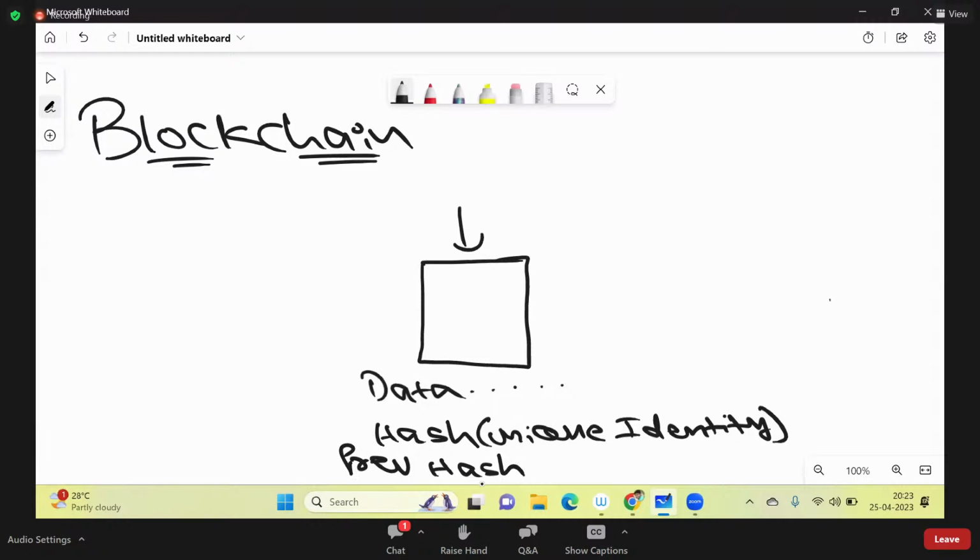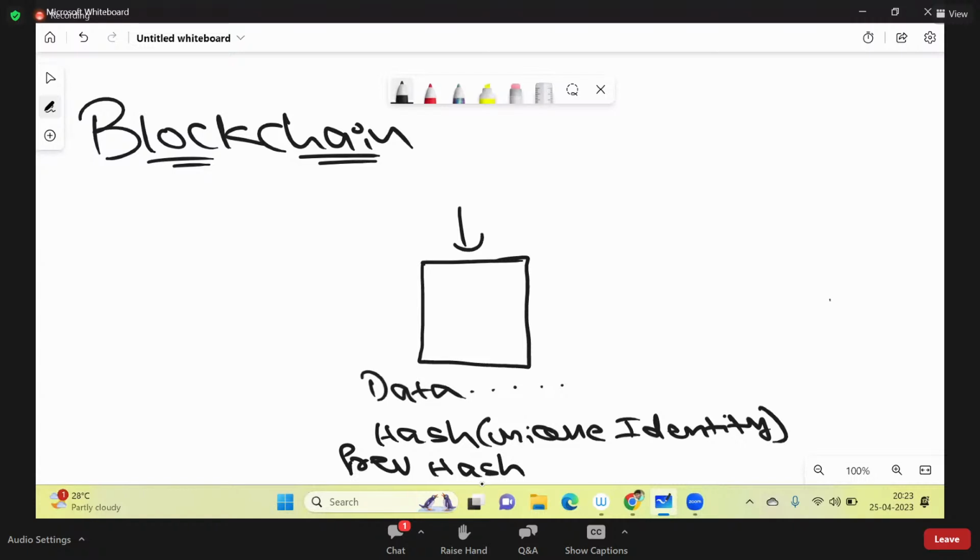So if you see here in block number 1, what will be the previous hash of my block 1? If you closely observe this, the previous hash of my first block will be 0. What is the reason behind it? Because this is my first block, right? There are no blocks before it, or prior to it.